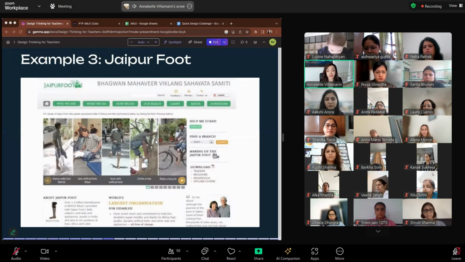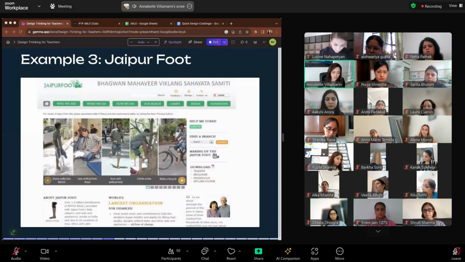So they helped 1.5 million people regain mobility. This is called the Jaipur foot. So there's a lot of companies, there's a lot of schools, there's a lot of people who have actually improved the lives of many people in the world.